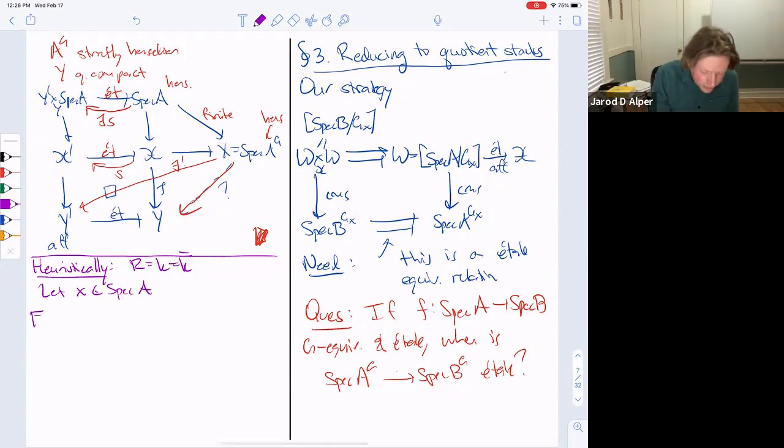And the fact, this takes work to show, and the argument actually will not be using this fact. The argument will be, in fact, a little bit simpler.